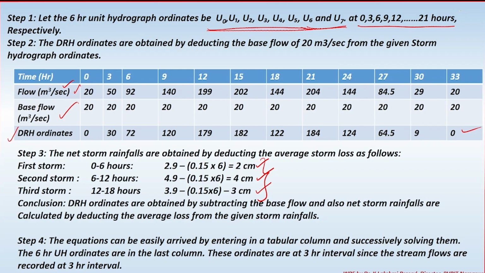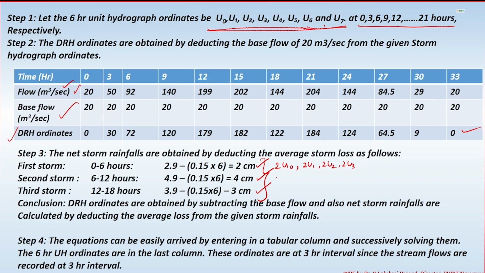Right? For 1 centimeter of direct runoff, these are the ordinates. For 2 centimeters of effective rainfall, what are the ordinates? It will be 2U0, 2U1, 2U2, 2U3 and so on. Am I right? And what is the ordinate for the second storm?